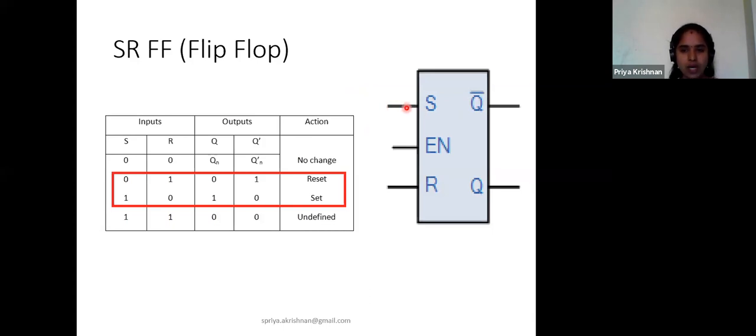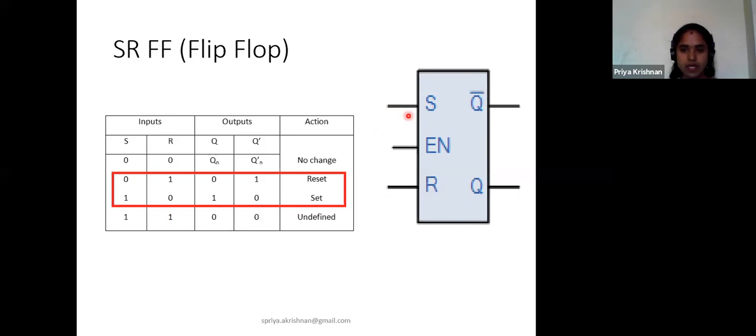When I want to set the flip-flop, I give 1 to S, so output Q will be 1. When I want to reset the flip-flop, I give R as 1. If R is 1, the output Q is equal to 0.